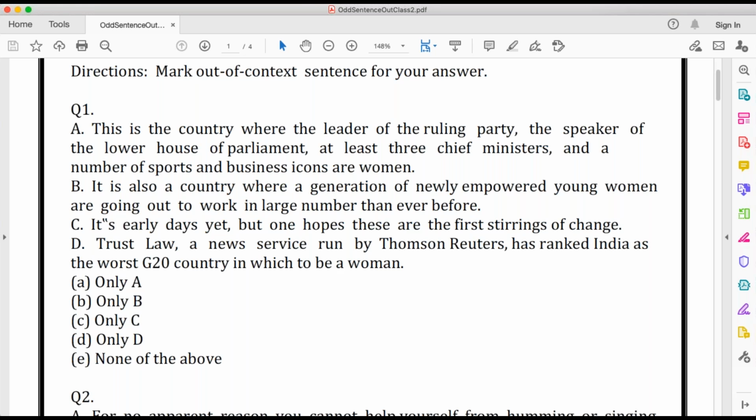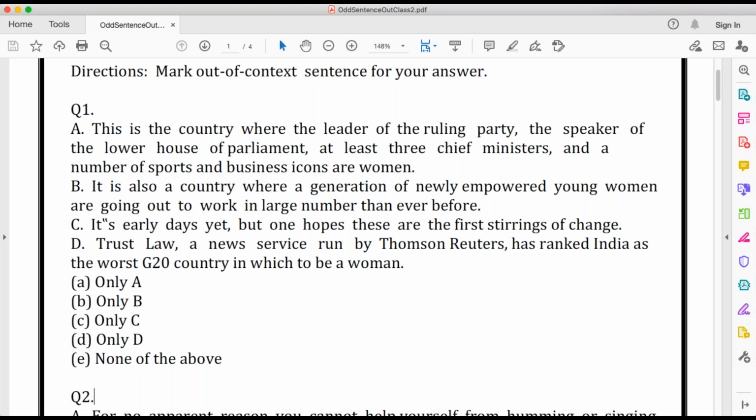This is the country where the leader of the ruling party, the speaker, the lower house, at least the chief minister, and a number of sports and business icons are women. It is also a country where a generation of newly empowered young women are going out to work in larger number than ever before.